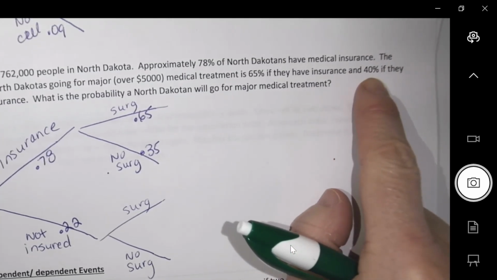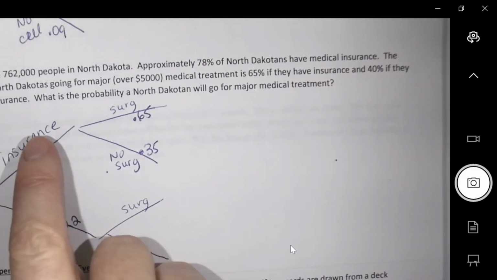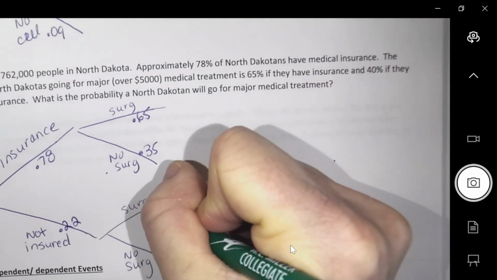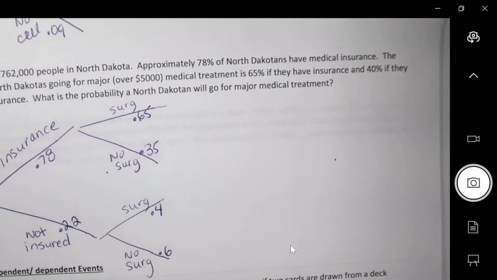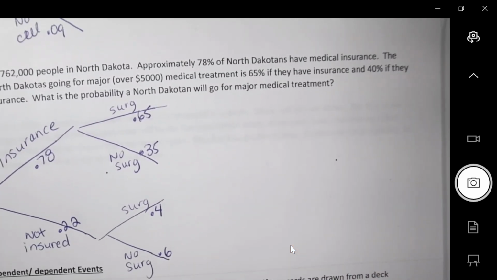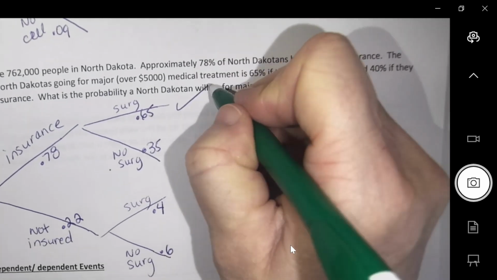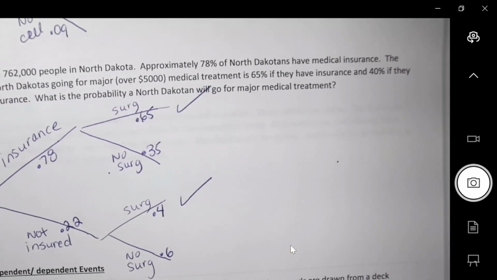And 40% chance of going for surgery if they don't have insurance. So 40% if they don't have insurance, which means this is 60%. So what is the probability that they will go for surgery? So I need this one and this one.